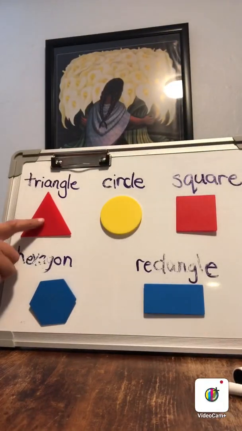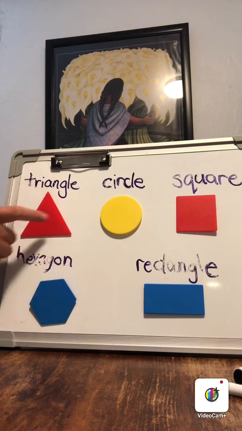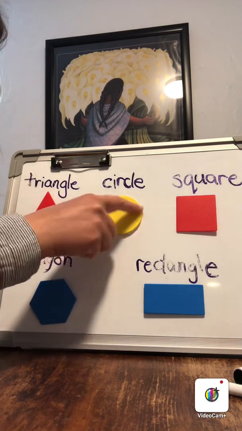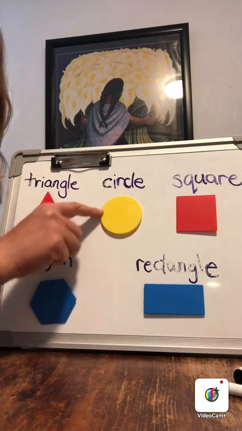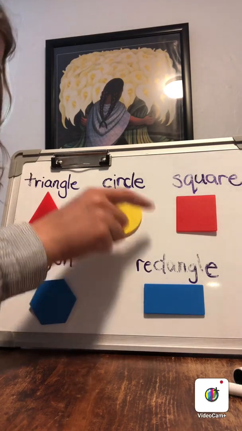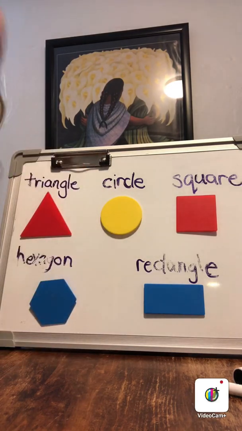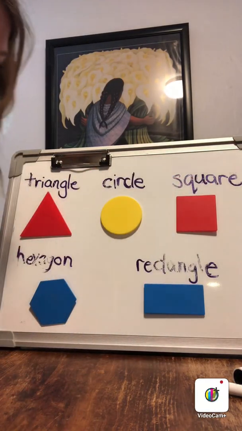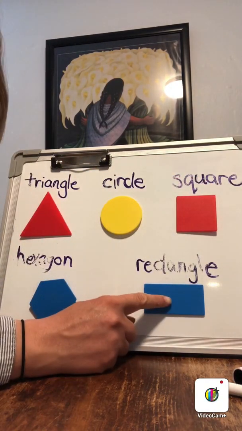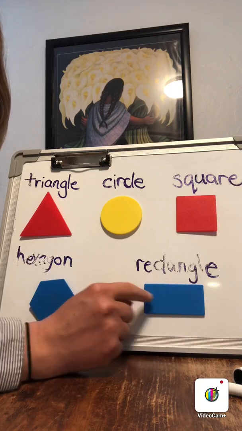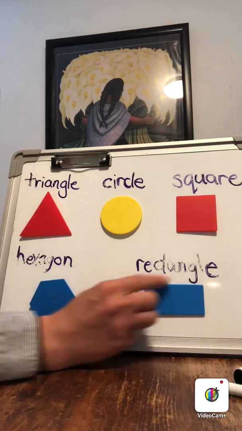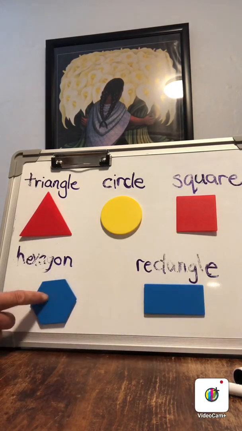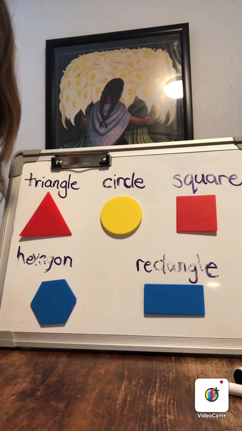We talked about the triangle with 3 sides and 3 corners or vertices, the circle with no sides, one big round side, and no corners or vertices. The square with 4 equal sides and 4 corners. The rectangle with 4 sides as well, but 2 long and 2 short. And then the hexagon, which had 6 sides.